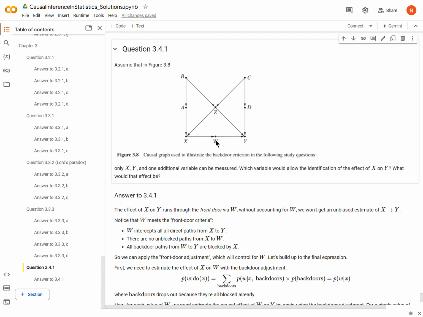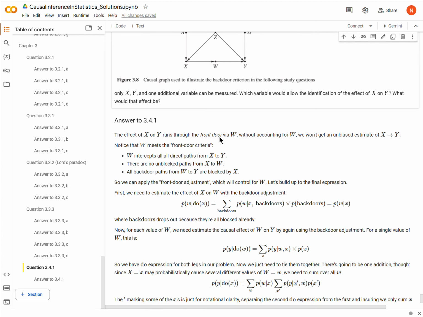But if we've read up to this point in the chapter, we recognize this structure that goes z, x, w, y. We can use this structure to utilize what's called the front door adjustment, because it meets the front door criteria.